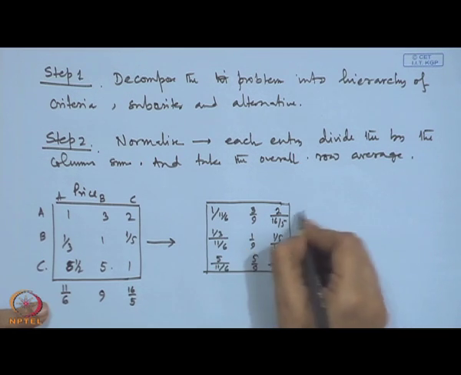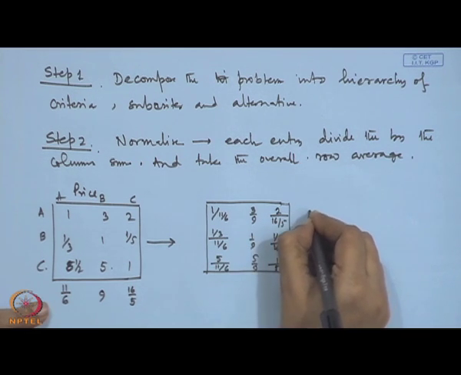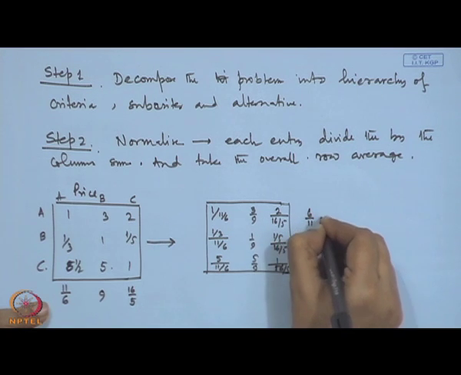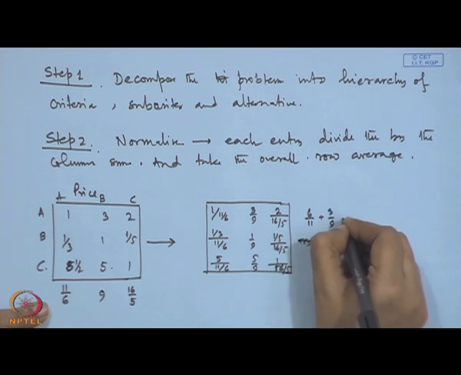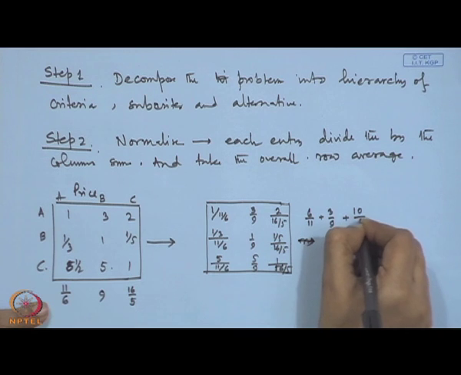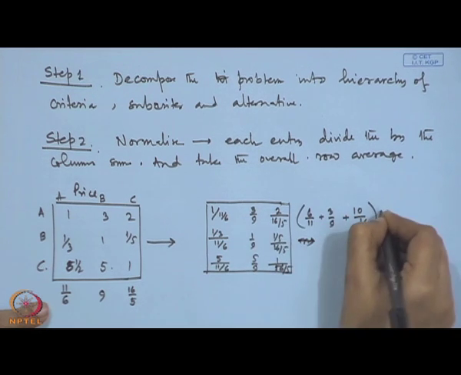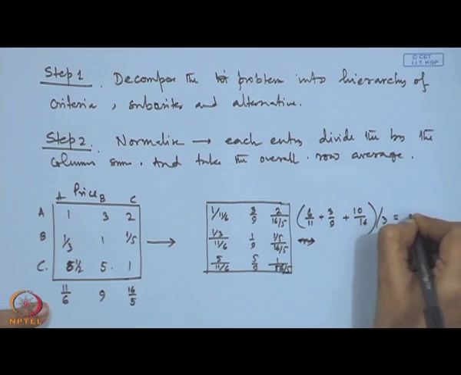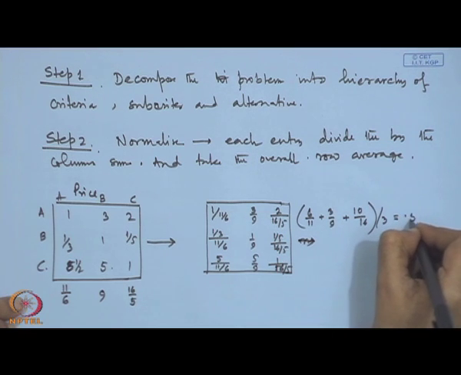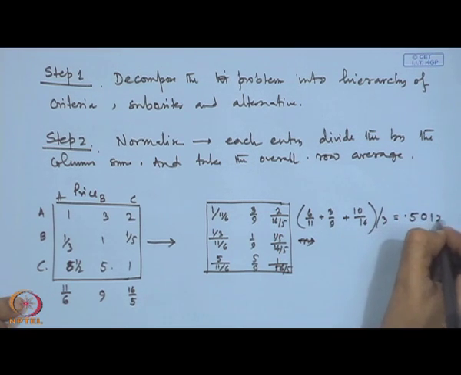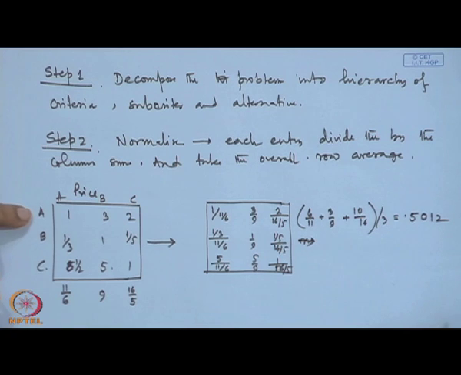If I consider the sum of these three, that is 6 by 11 plus 3 by 9 plus 10 by 16, and divide by 3, we are getting the value 0.5012. That is the priority of A we are calculating.